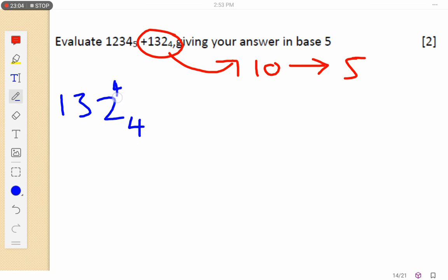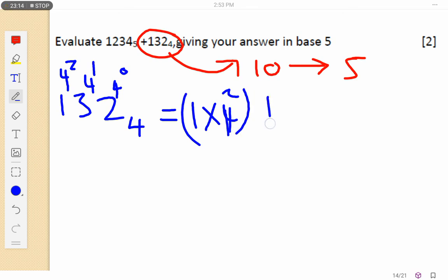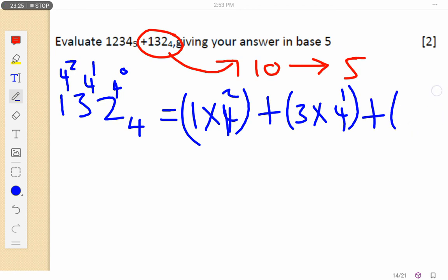I say 4 to the power of 0, 4 to the power of 1, 4 to the power of 2. It's going to be 1 times 4 to the power of 2 plus 3 times 4 to the power of 1 plus 2 times 4 to the power of 0.